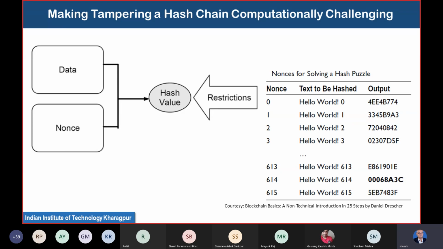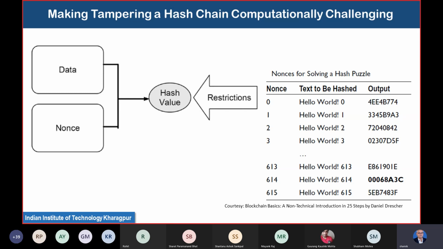And if we had the requirement of just 1 leading zero, then at nonce value of 3, we would have achieved that. And as we have discussed, it is not necessary that in between 0 and 614 we would have another possible hash value where 2 leading zeros were there.